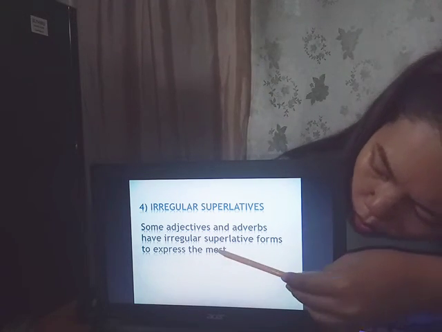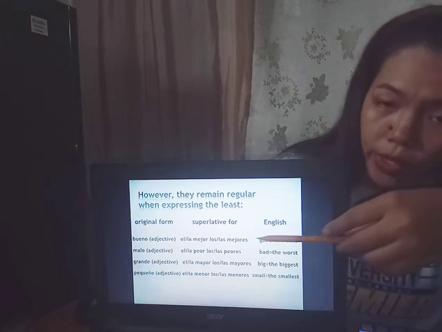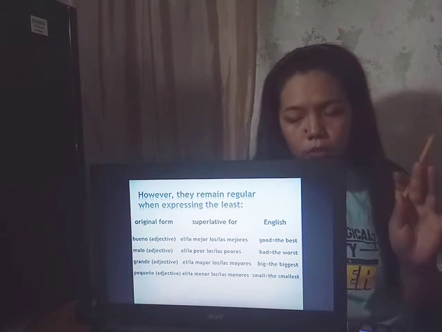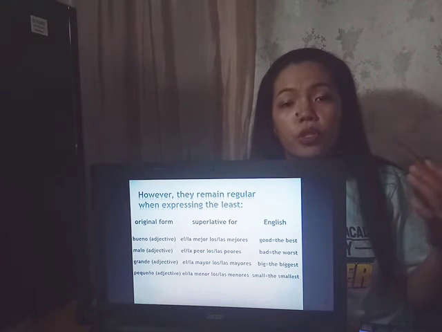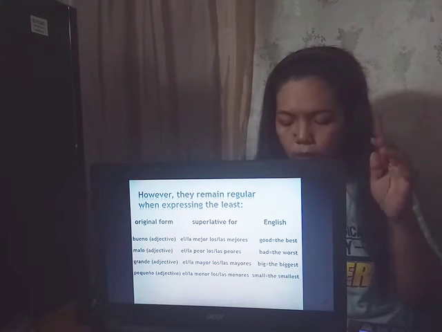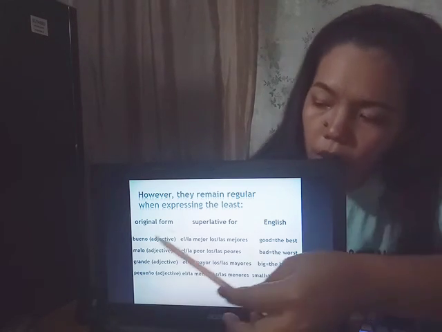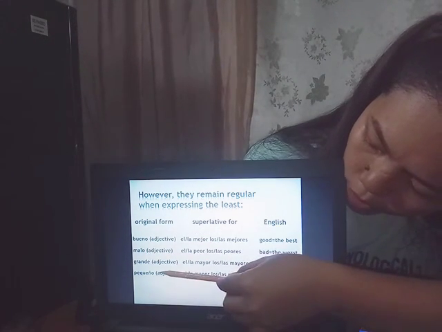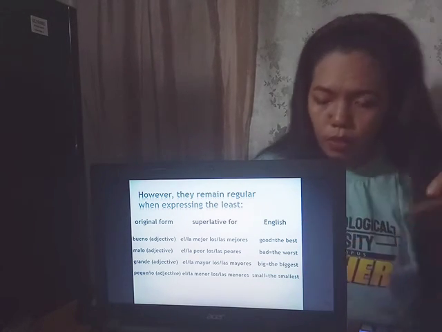As you can see, I hope you can see it clearly. It's a little bit small, but I just want to use the space so that you will not be confused upon tracing the words. So here are original form, here are superlative form, and here are English form.